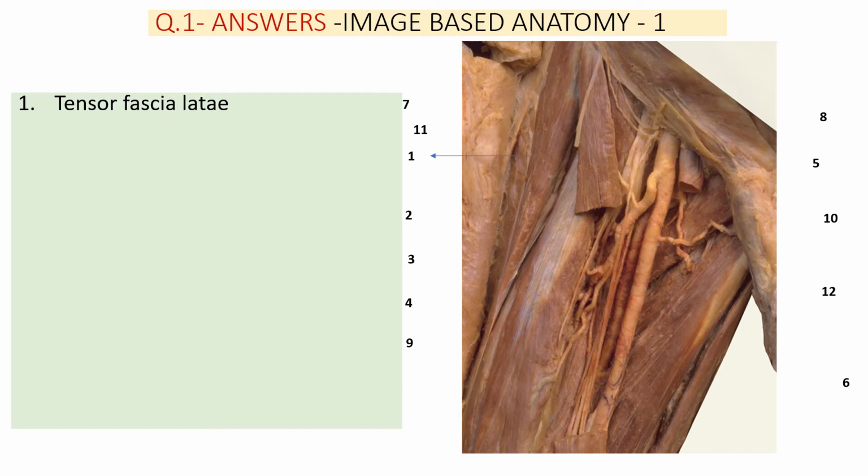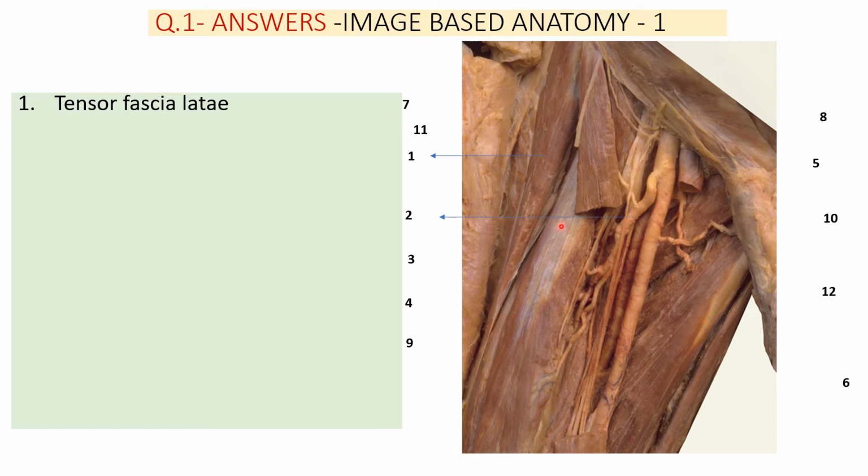Between these medial and lateral margins you are seeing most of the femoral triangle and front of thigh. This is the base where you will find the inguinal ligament. So now you could identify the tensor fascia latae muscle.